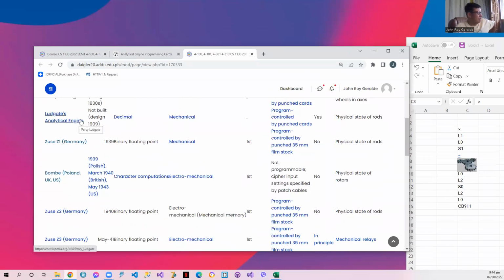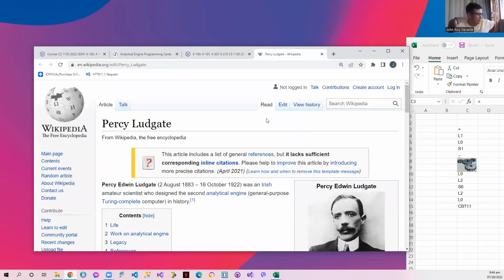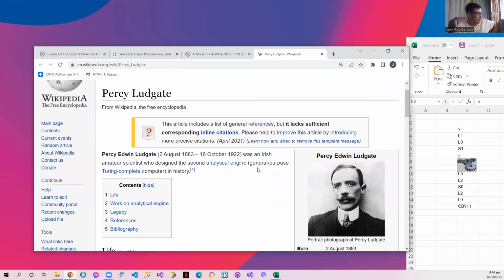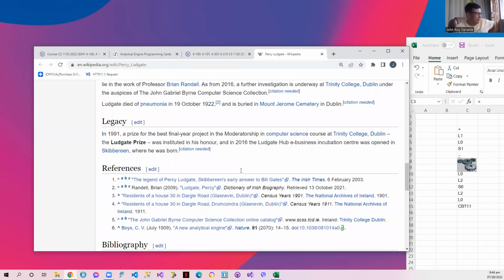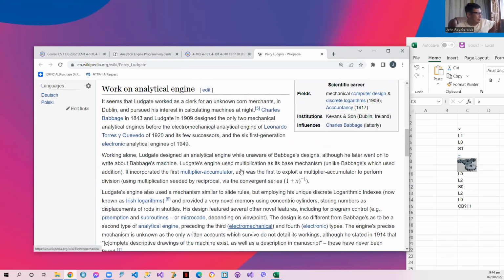a certain professor, Percy Ludgate, I don't know where he's from. He's a scientist. He redesigned and created a second analytical engine based on the work of Charles Babbage.